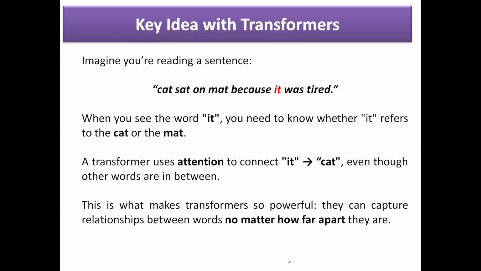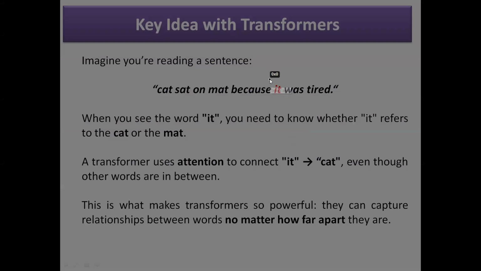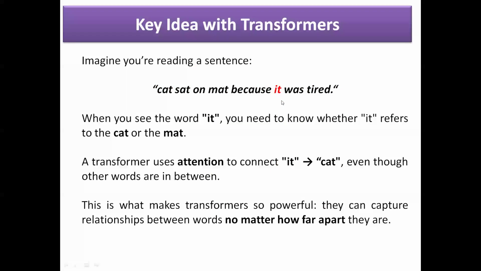In which way is it done? For example, this is a sentence: cat sat on mat because it was tired. So to which particular keyword is it associated, whether it is associated with mat, cat, or any other word.